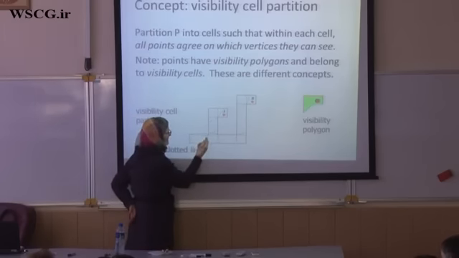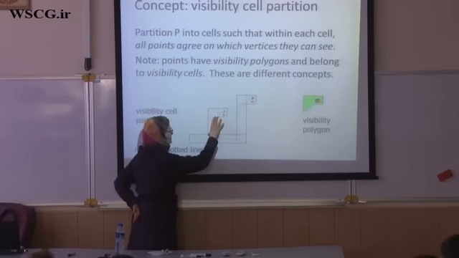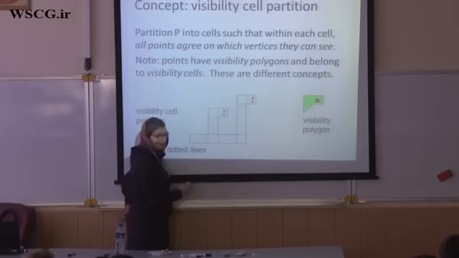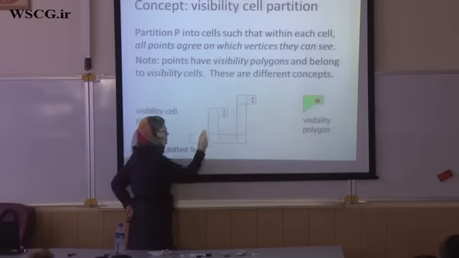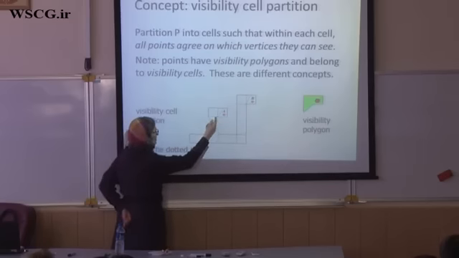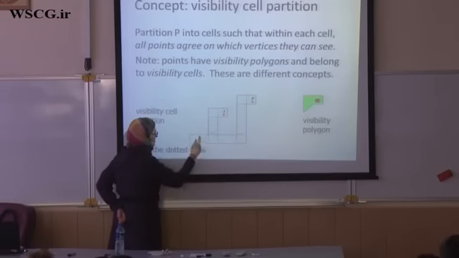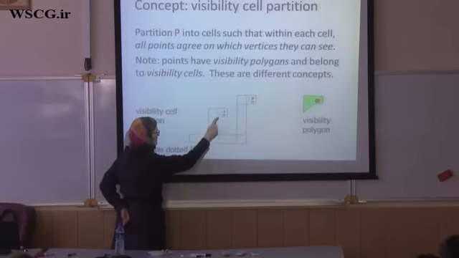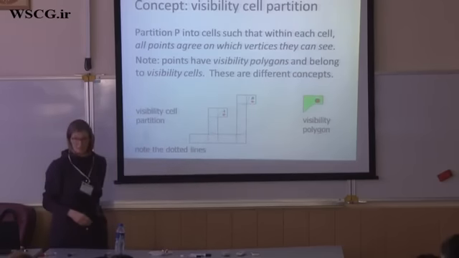Well, this dotted line happens to be generated by these two vertices. When I cross this dotted line, these guys can now see that vertex. Until I cross the line where these two vertices align, points over here can't see this. Just as I cross the line, all of a sudden they can see that.